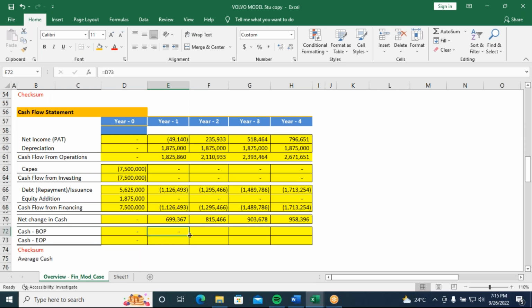I'll select and drag this. Now I have to calculate the end of the period, which is the previous year's beginning of the period plus the net change in cash. I'll select and drag. So my cash at end of the period is this much.